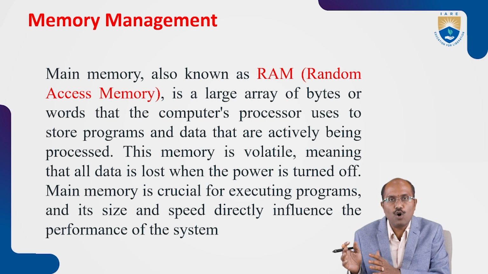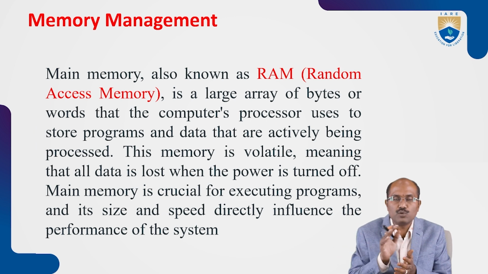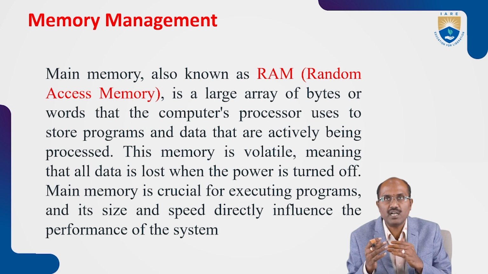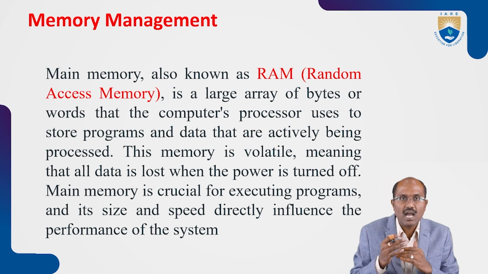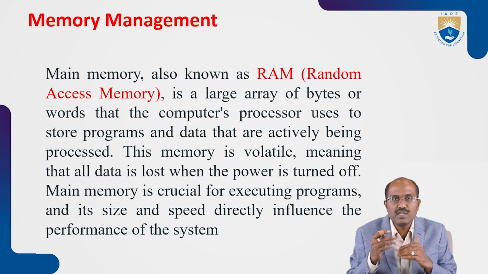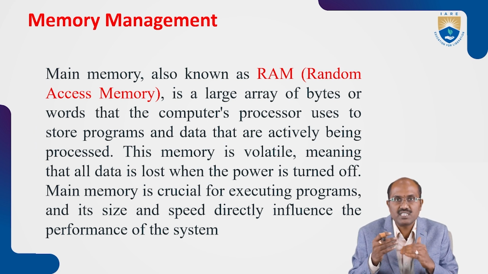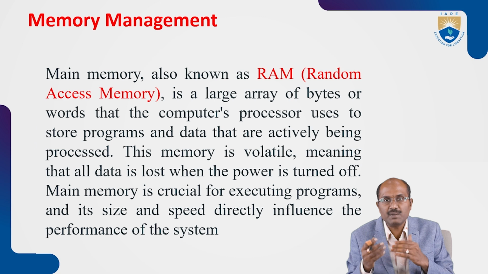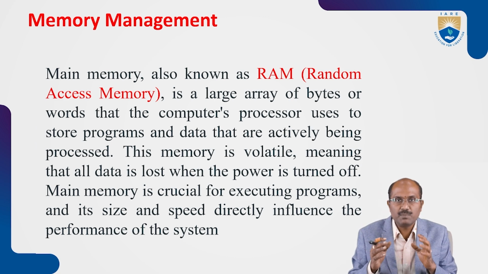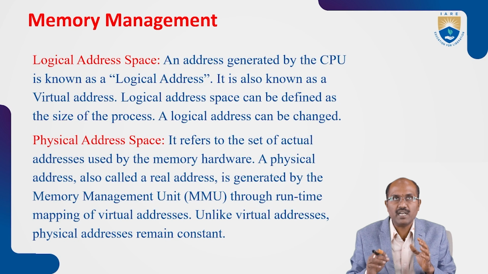The ROM then gives that information to RAM. So main memory is crucial for executing programs, and its size and speed directly influence the performance of the system and can affect system utilization. That depends upon memory management.